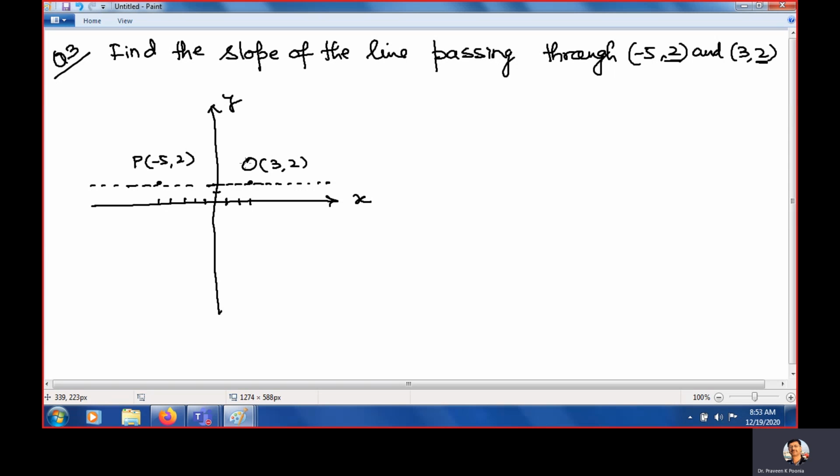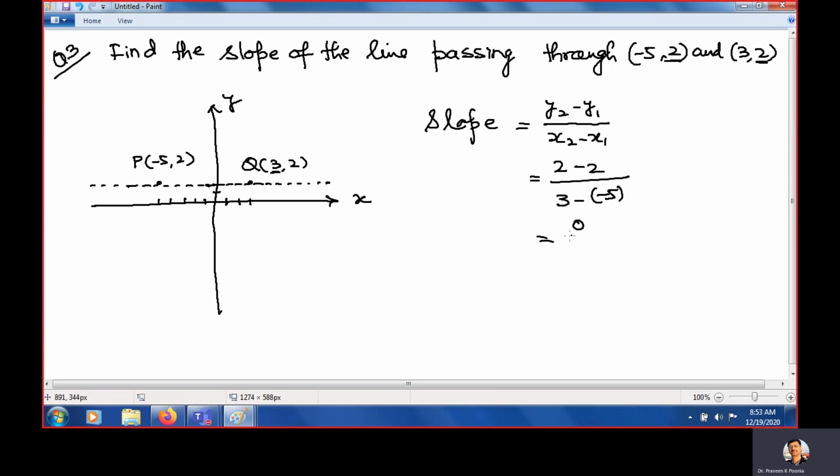Let this is P, let this is Q. Okay. So slope is equal to how much? Y2 minus y1 upon x2 minus x1: y2 is 2 minus y1 is 2 upon x2 3 minus minus 5.